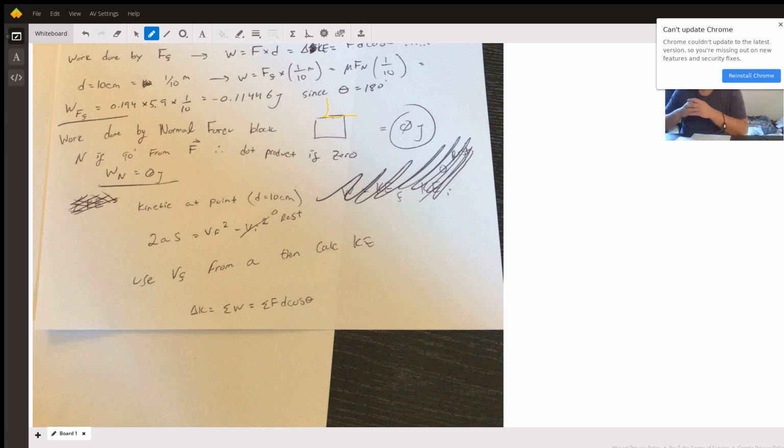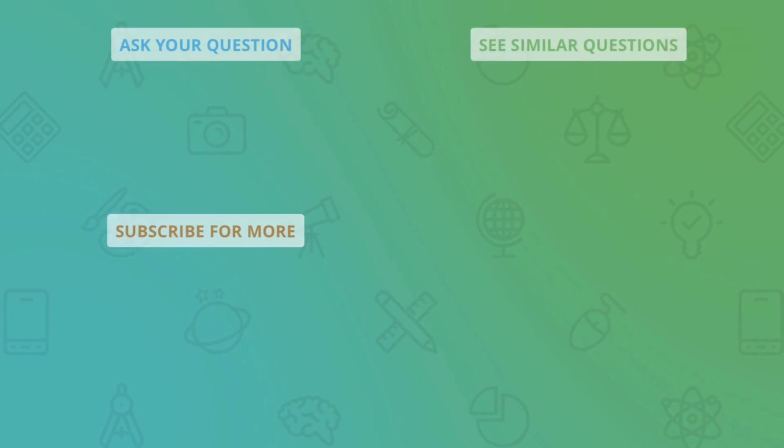You use the kinematic expression to find V_f and then calculate it in for the kinetic energy. A is acceleration, S is the distance, which you already have. And that's just plug and chug.